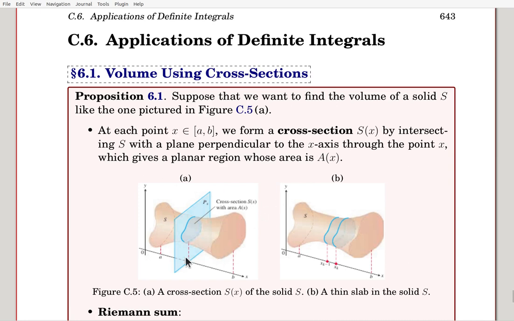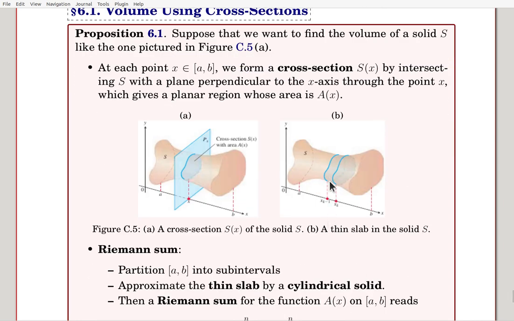Suppose that we want to find the volume of a solid like this one, and then we consider the cross section. Along with the partitions, this small portion can be approximated by a cylindrical solid, and with the area of the cross section multiplied by the thickness, it will be easily computed.